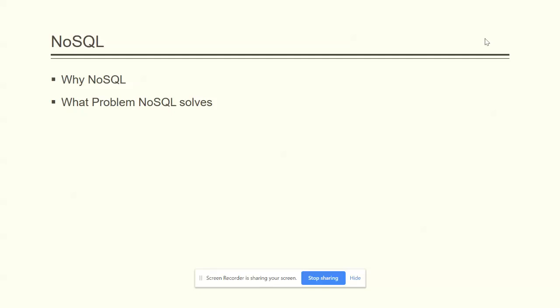We want applications which are always on. Again, Cosmos DB or NoSQL solves this problem. It is very easy and quick to modify your schema in Azure Cosmos DB and NoSQL. That is why we need to go with NoSQL in future, or not even in future. We should have already started it.